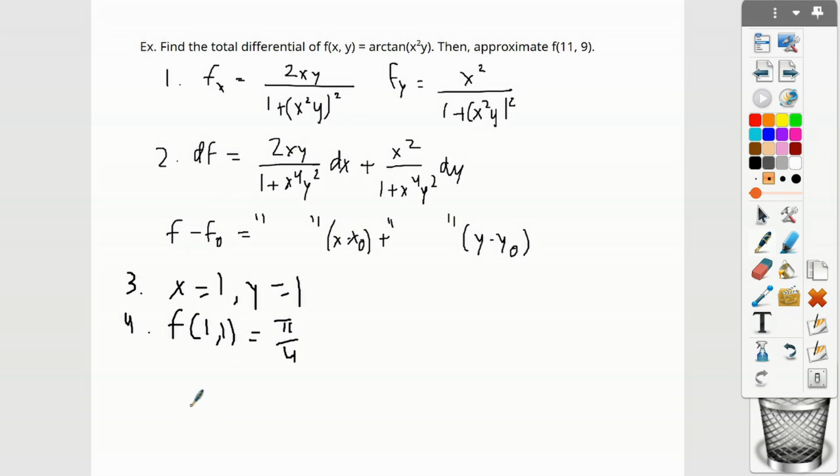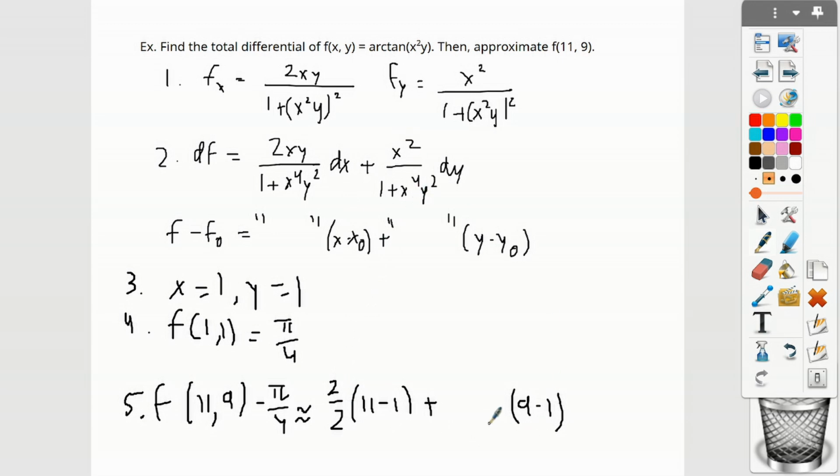So what we get is f of 11 comma 9 minus pi over 4 is approximately equal to this evaluated at 1, which is 2 times 1 times 1 over 1 plus 1, so that's 2 over 2, times the change in x, which is 11 minus 1, plus, what's the change in y? 9 minus 1.